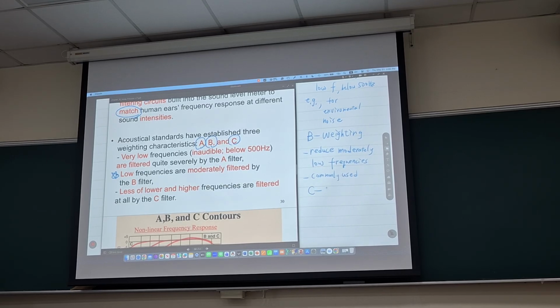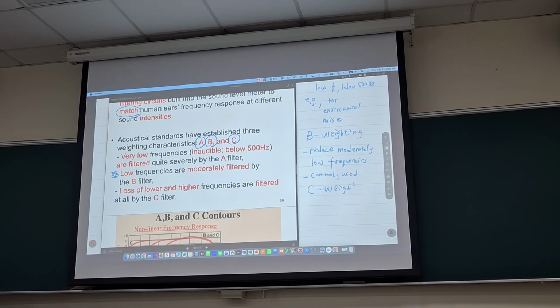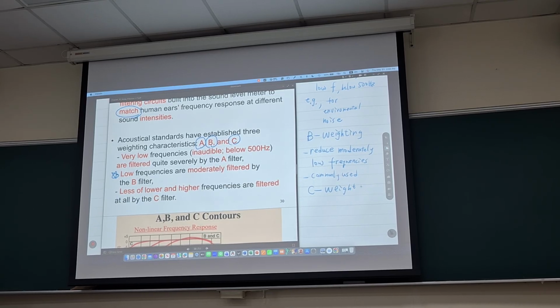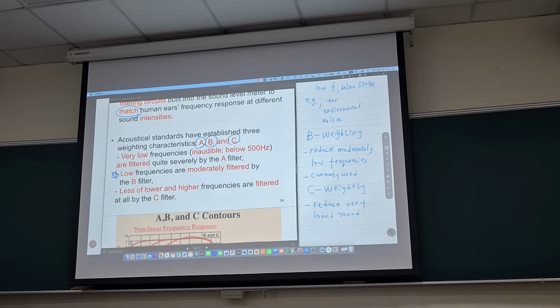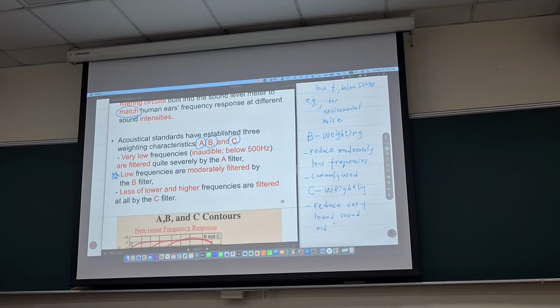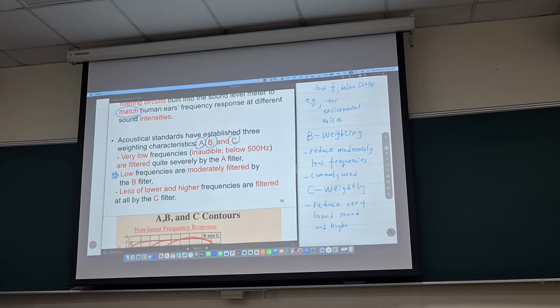Okay, the last one is C filter. Try to reduce very loud sounds and high frequency.